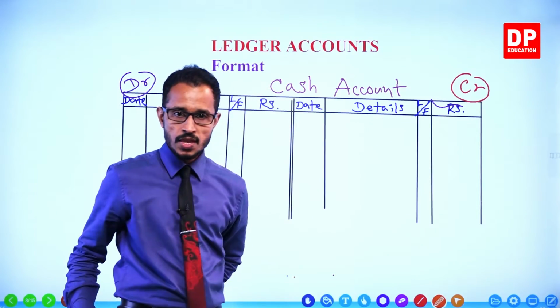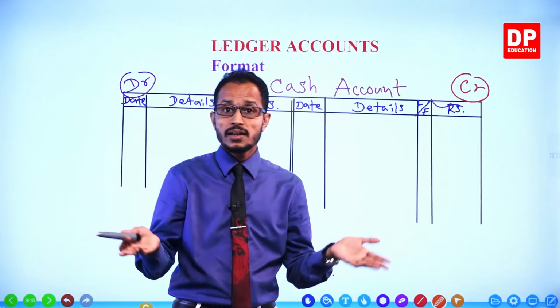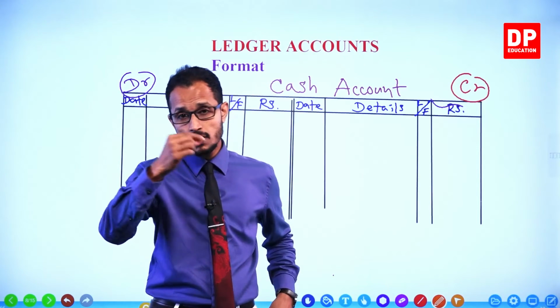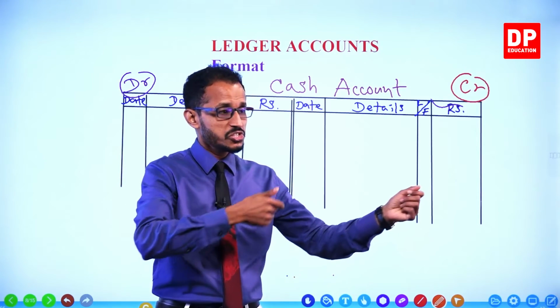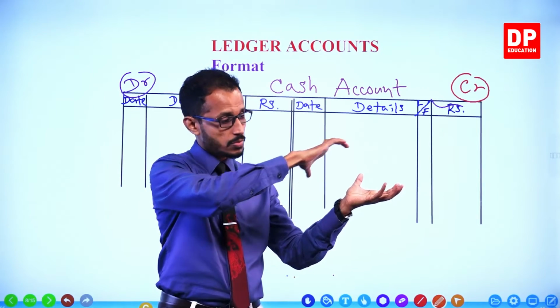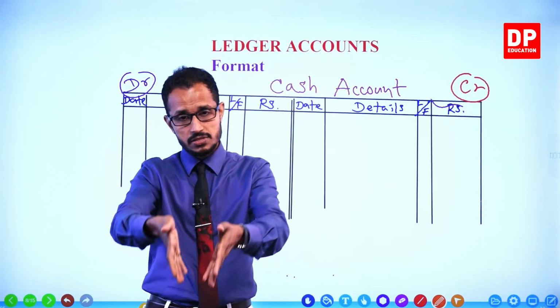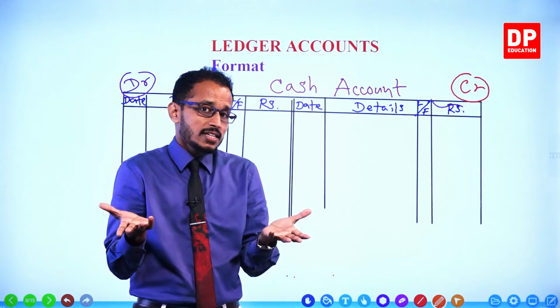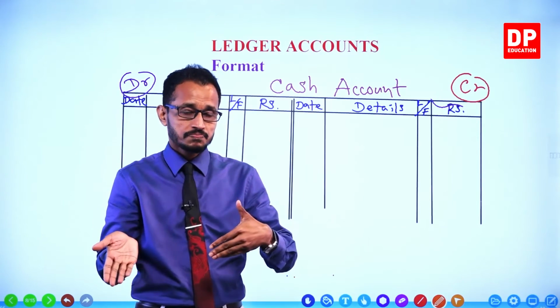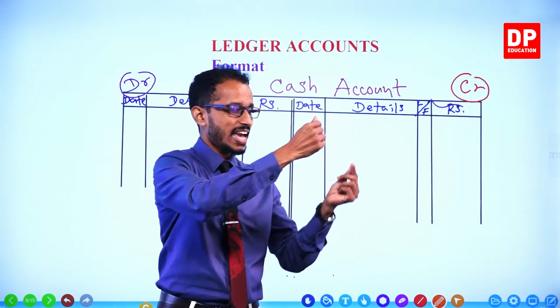Likewise, now you don't know how to record that 100,000 which the owner brought into the business. Because of that investment, the owner's capital, cash came into the business.